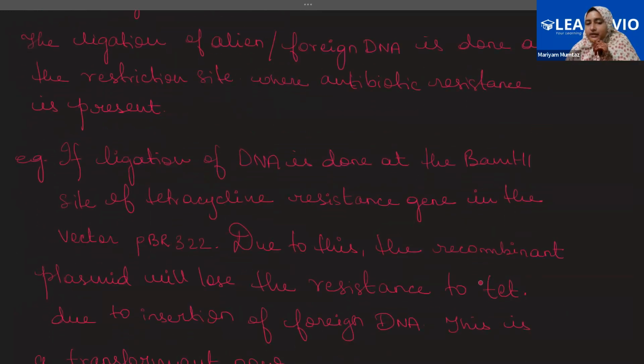So at the BamHI site, tetracycline resistance is present in the vector that we saw, pBR322. Now, when you insert any foreign piece of DNA in this particular site, meaning the restriction site, that is BamHI, the plasmid will no longer be resistant to tetracycline, right? We discussed it in the previous class, how whichever point is giving us the antibiotic resistance, that will be lost in the case of the transformant.